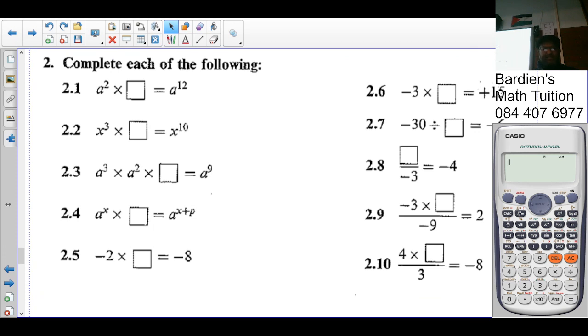As well as number 4 to 10. Okay. So it's number 2 and 4 to 10. The page number is 51 and 52.